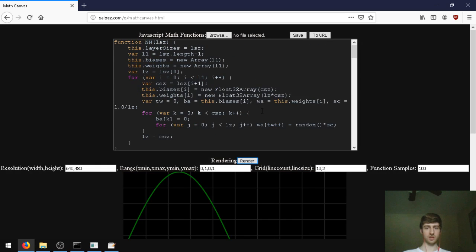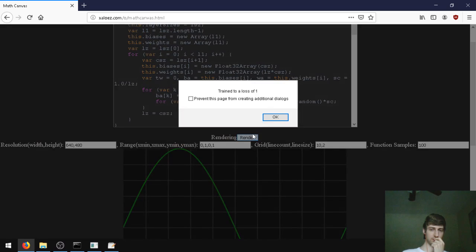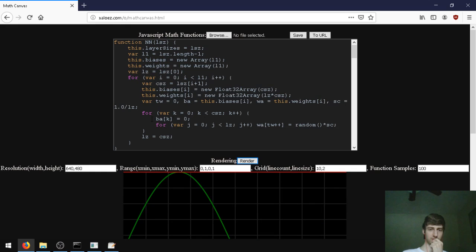All right, so it's setting the scale way too high. Random equals random times scale. Scale is 1 divided by LZ. I have no idea why this is so high and so low.